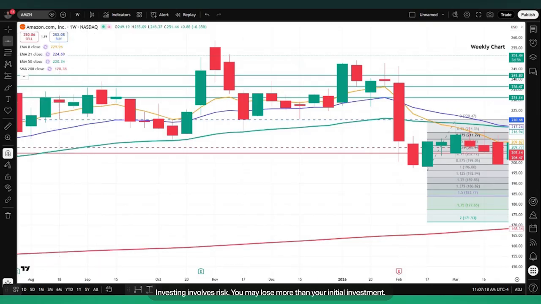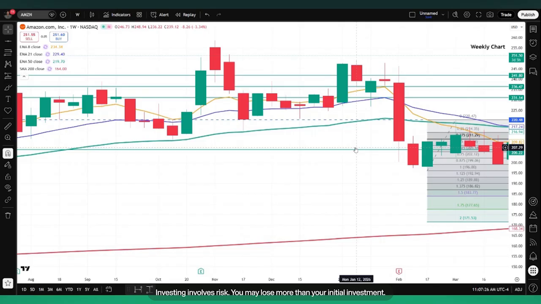If I put a horizontal line here at the 75, which is right about there, and then I'll put the other one here at the 125% extension. Again, we're using this move from the low to the peak to measure that. Now I get rid of this.